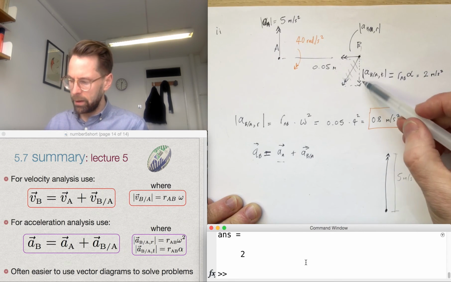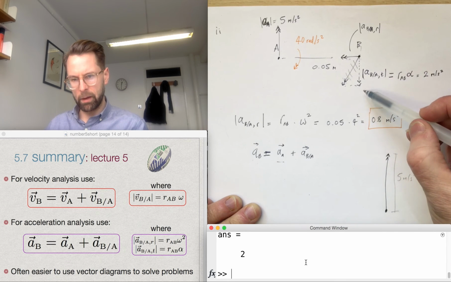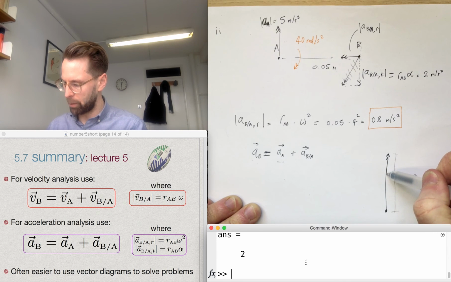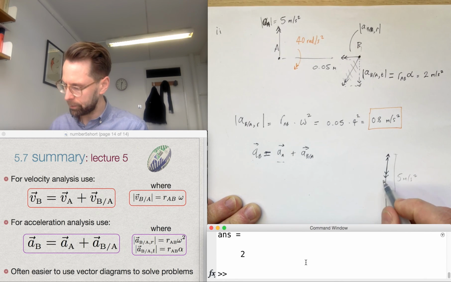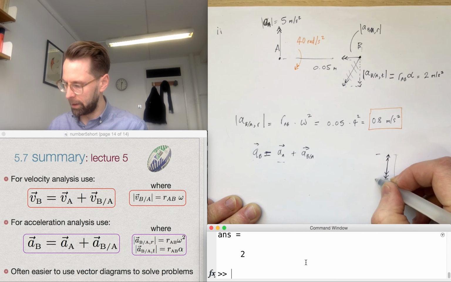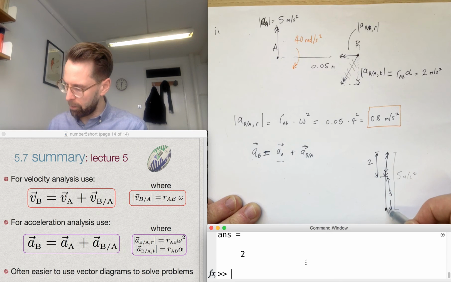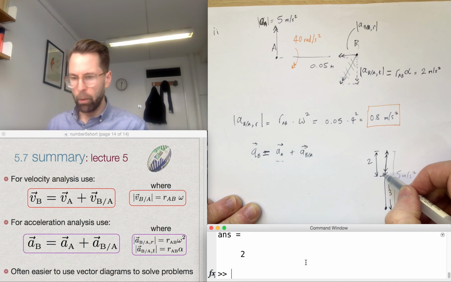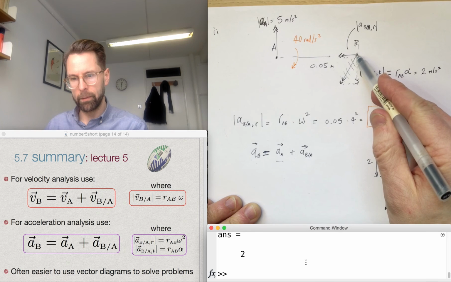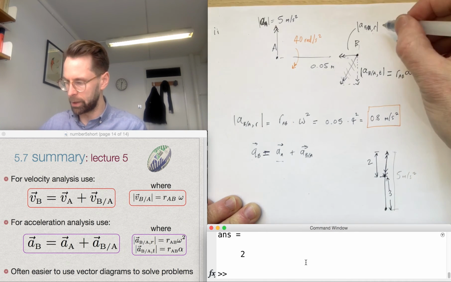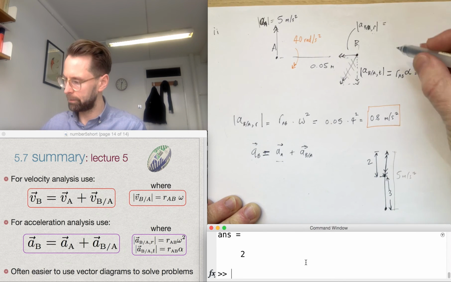Now we can add this component of the acceleration of B relative to A, and it's going to take us back in the opposite direction. And this length here is 2. So what we're left with here is a length 3. So we've gone up and now we've come back down again. But we've got to add this final component here, which is the acceleration of B relative to A in the radial direction, which has a magnitude of 0.8.